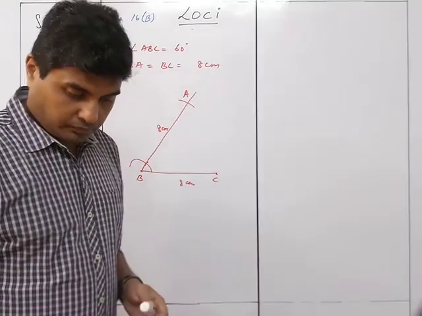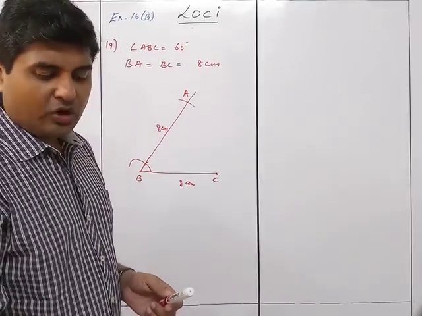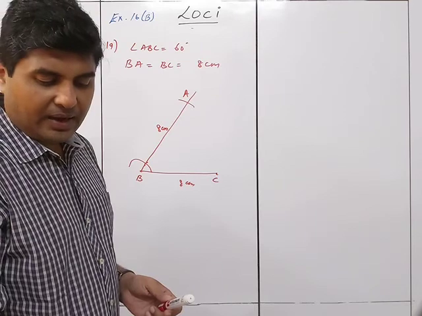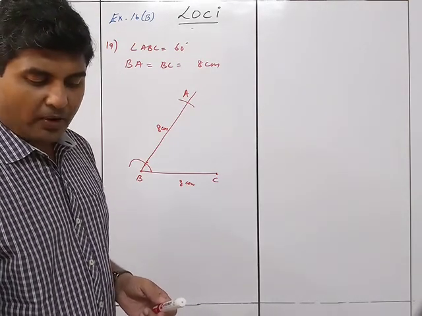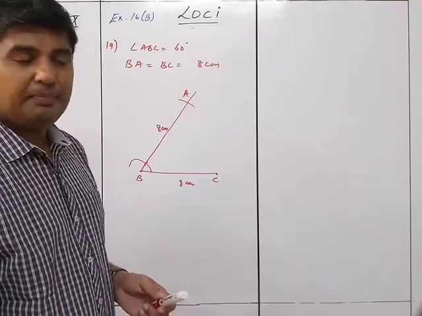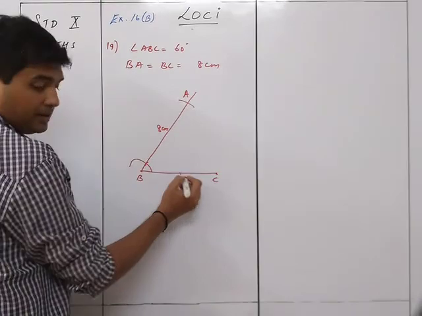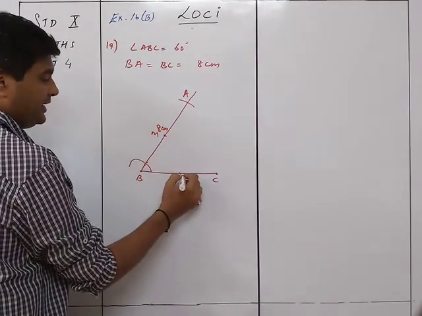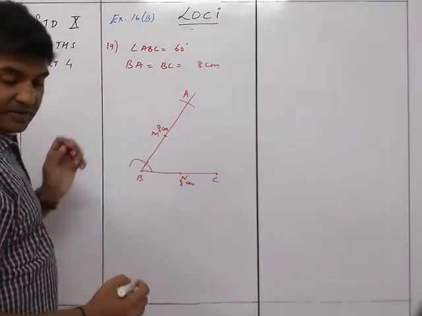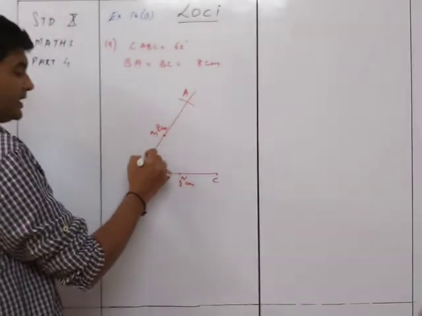Now it is given the midpoints of BA and BC are M and N respectively. Draw and describe the locus of the points which are equidistant from BA and BC. So we know the midpoints over here. The midpoints of BA and BC are M and N. So this is M and this is N. And the locus equidistant from BA and BC will be the angle bisector.